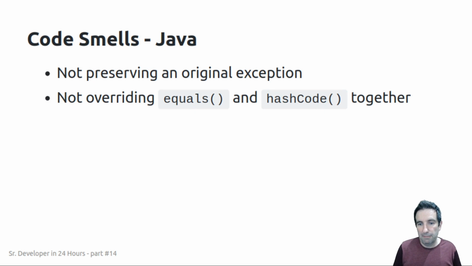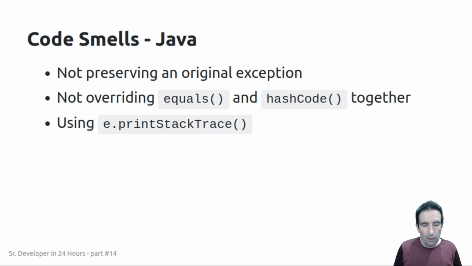For example, if we are not overriding the equals and the hash code methods together, we can run into all kinds of issues using equality, using hash maps, things like that. When we're using things like print stack trace, which sometimes we do just for the sake of ease of use, but in the long term, it might end up printing things to the console rather than to whatever logging mechanism we have.